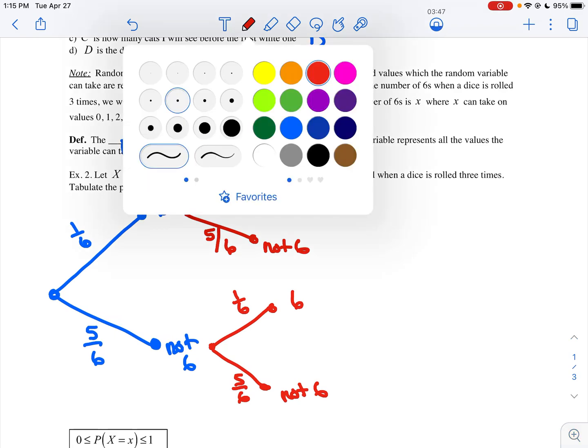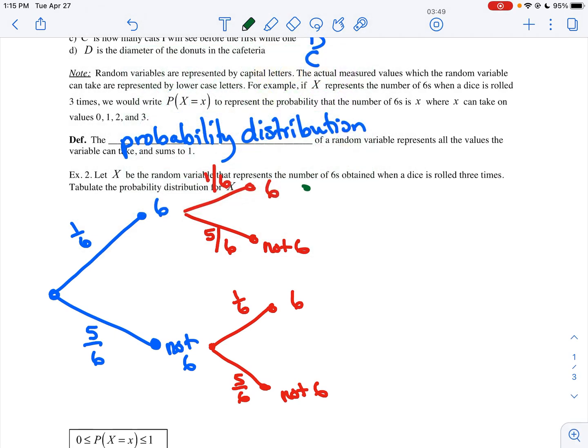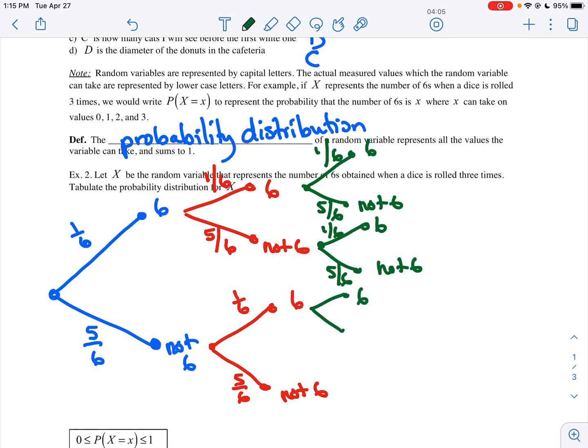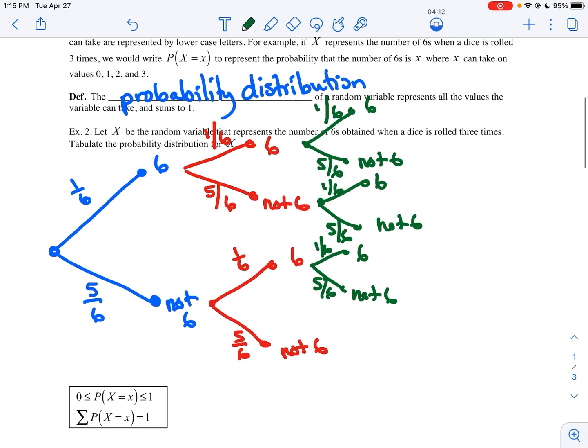All right, then each of these has 2 possibilities for my third roll, a 6 or not a 6. So remember when we did our tree diagrams earlier this year, this is what we're using, a tree diagram.